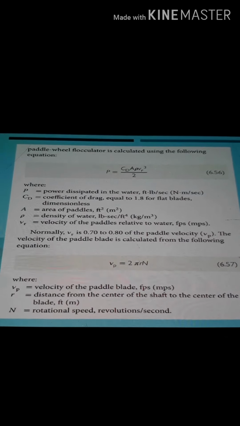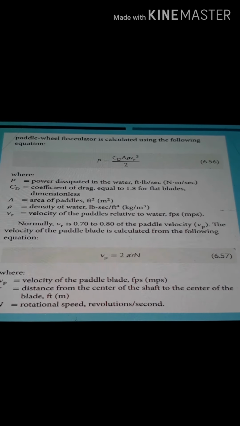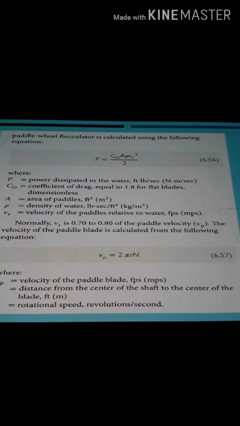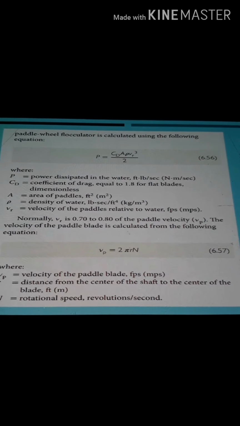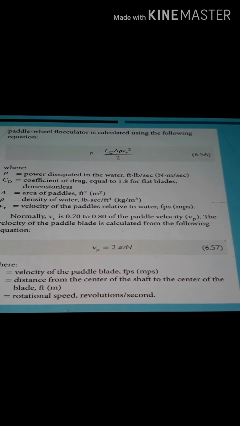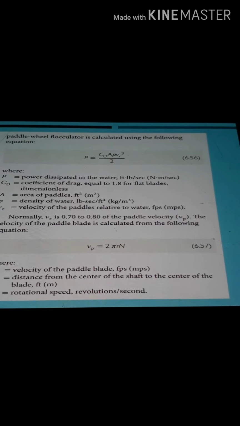Paddle wheel flocculator is calculated using the following equation. Power dissipated in the water is equal to the coefficient of drag, equal to 1.8 for flat blades, which is dimensionless, times area of the paddles, times density of the water, times velocity of the paddle relative to water, all over 2.